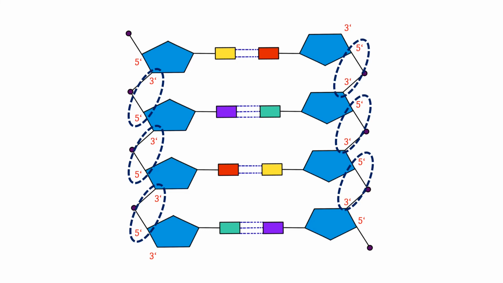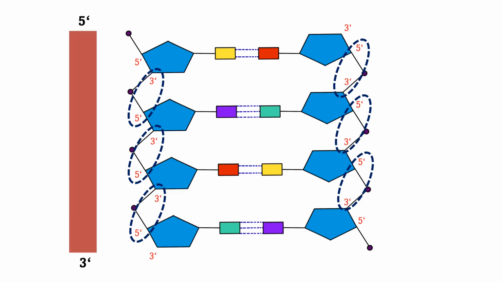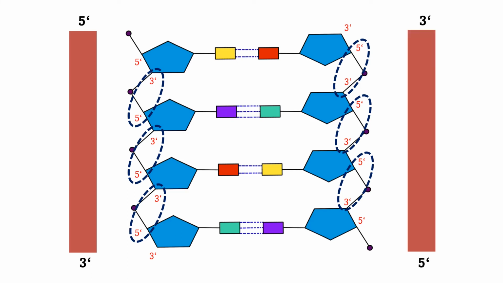Simply said, the two chains run in a different direction, one in 5' to 3' direction, and one in 3' to 5' direction. That's why we say that DNA is antiparallel, okay?